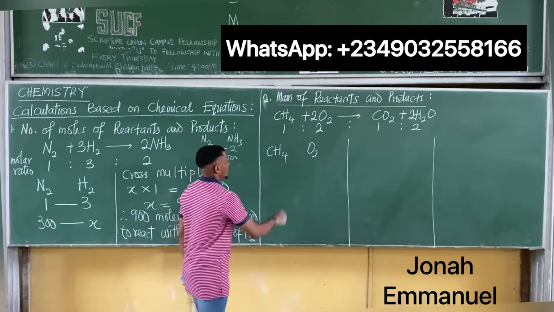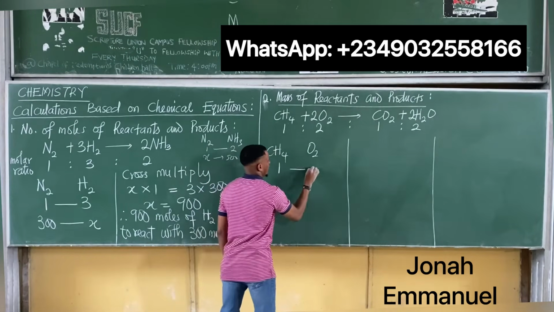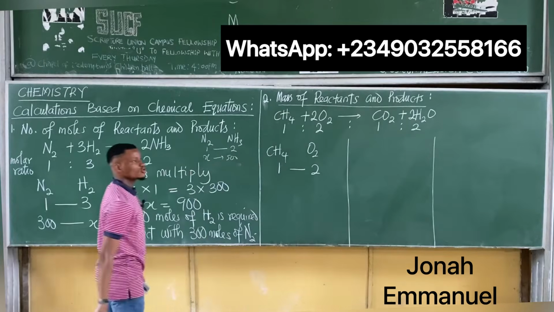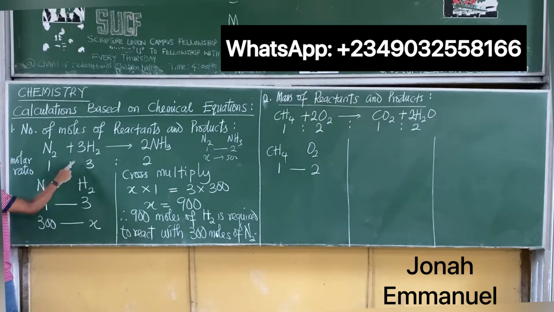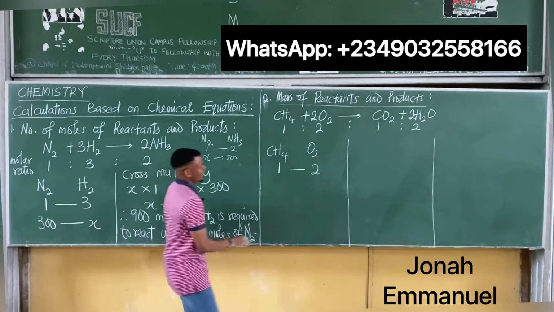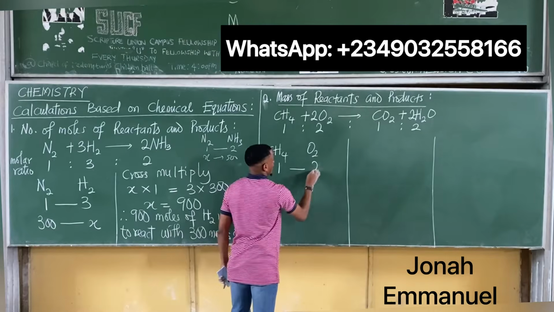This is 1 and 2. Notice that when I'm writing these, I don't put the 3, so I didn't write 3H2, just H2. Leave out the 3. This 3 comes here. So in the same vein, I'm having 1 and 2.